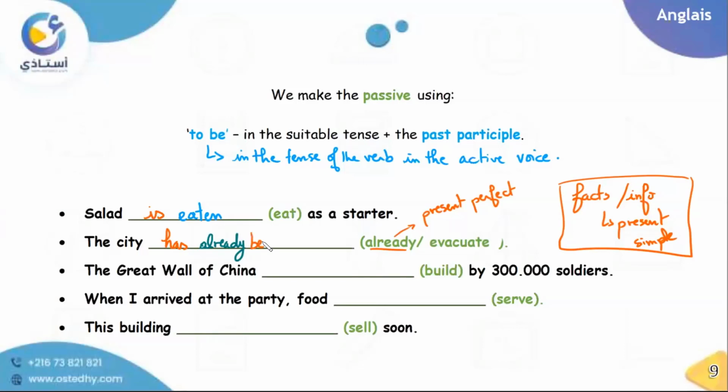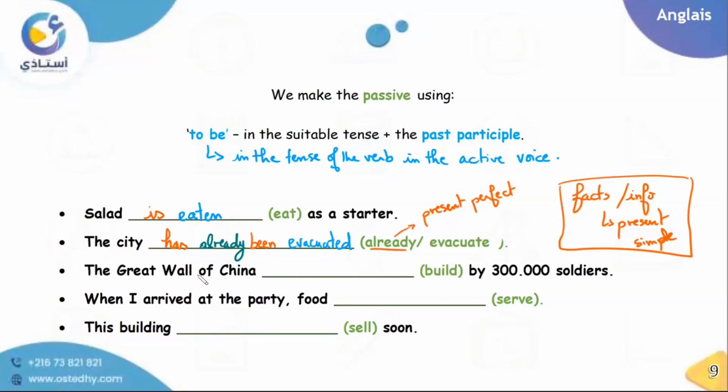And then, of course, we're only talking about the verb to be, because evacuate would be in the past participle form, which is a regular verb, so it would be plus ed, evacuated. The city has already been evacuated. Okay?